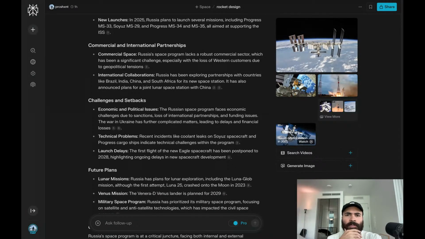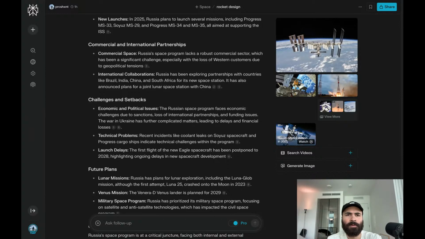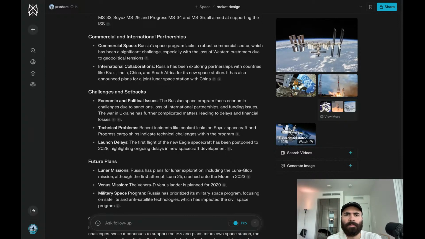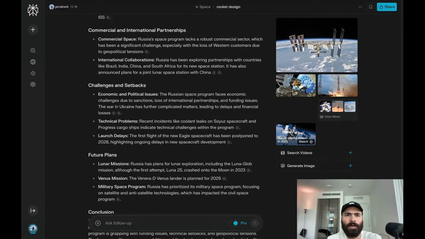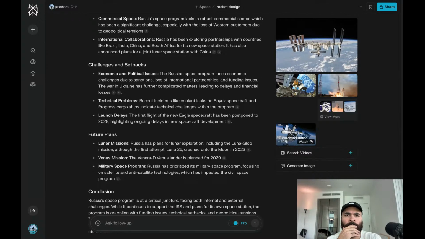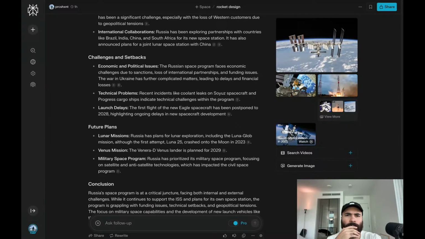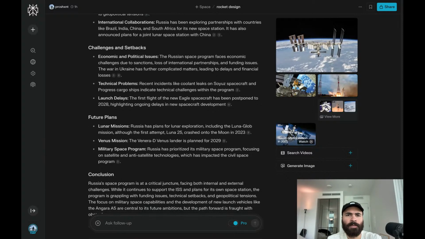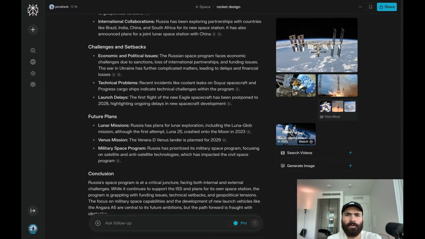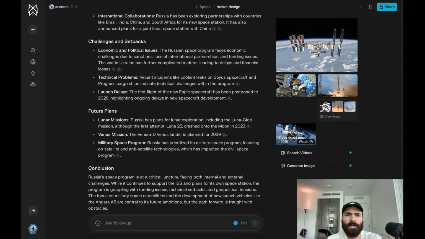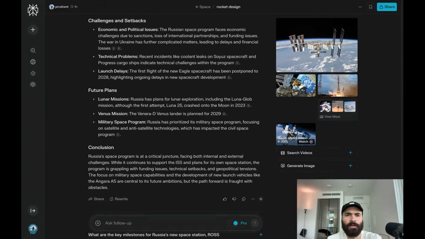Plans to launch several missions, including Progress MS-33 and Soyuz MS-29, all aimed at supporting the ISS. Lacks a robust commercial sector, which has been a significant challenge, especially with the loss of Western customers. Exploring partnerships with countries like Brazil, India, China, and South Africa for its new space station. Announced plans for a joint lunar space station with China.